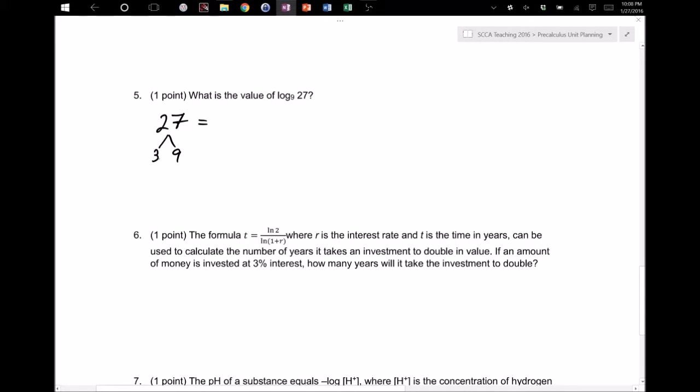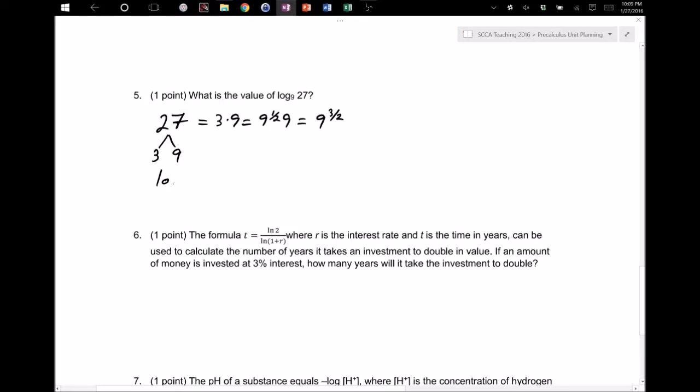So how are 9 and 3 related? Well, here's the thing I was thinking of. 9 to the 1/2 power is 3. So I have 9 to the 1/2 times 9, which is the same as 9 to the 3/2.